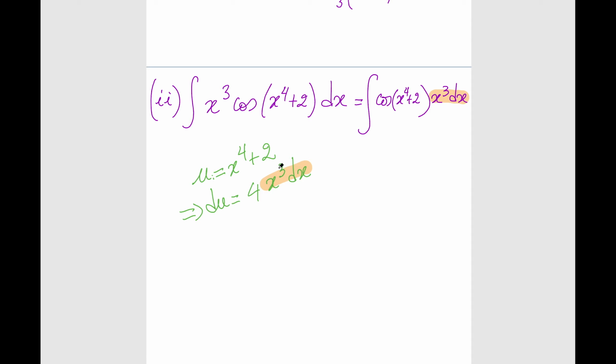But the big deal is that the x cubed dx is already here. Okay. All right. As such, what do we get? So we get what? I'm using this package.